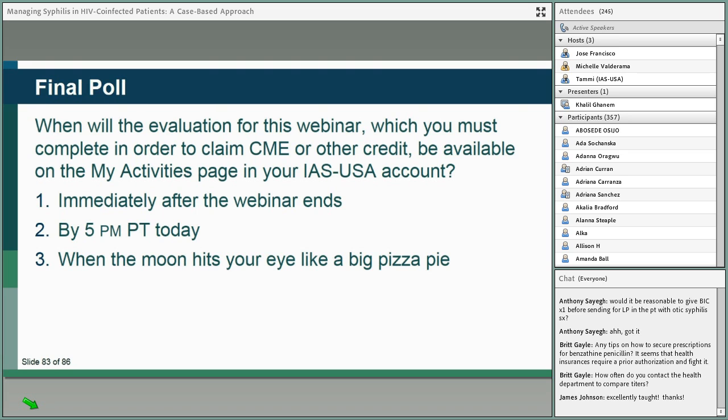So Anthony asked, what if the second case study has had ongoing risk for syphilis after prior treatment for syphilis? Could the EIA and TPPA with a non-reactive RPR be indicative of a new latent infection? Anthony, yes, it could be an indication. But remember, it usually takes the RPR a few years to become non-reactive after an exposure that's untreated.